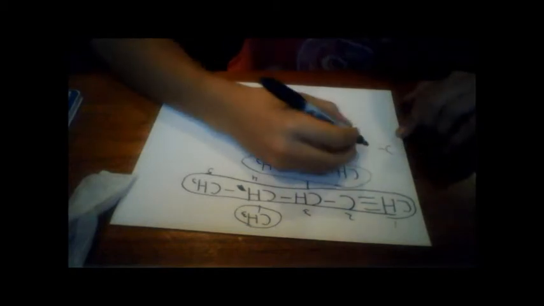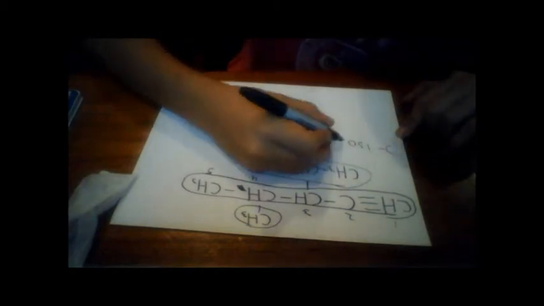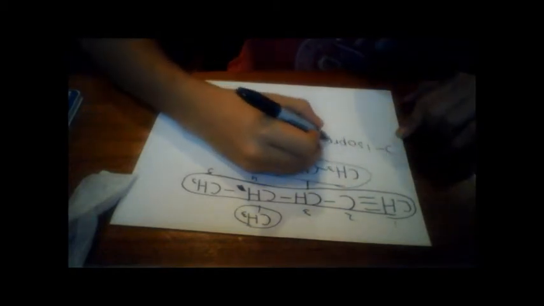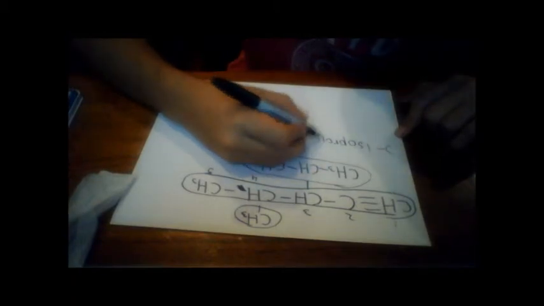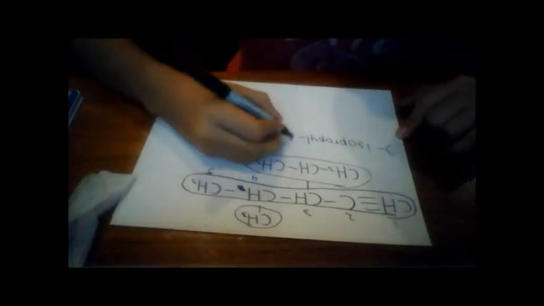So since you have to put it in alphabetical order, you put first the isopropyl, which carries in number 3. Number 3, isopropyl. Then the methyl.